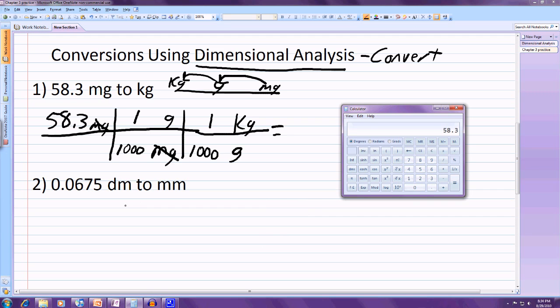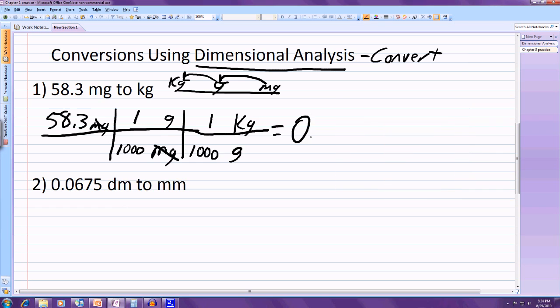We have 58.3 divided by 1,000 divided by 1,000, and that comes out to 0.0000583. Alright, so 0.0000583. That's not necessarily a good number for us there, so we want to change that into scientific notation.